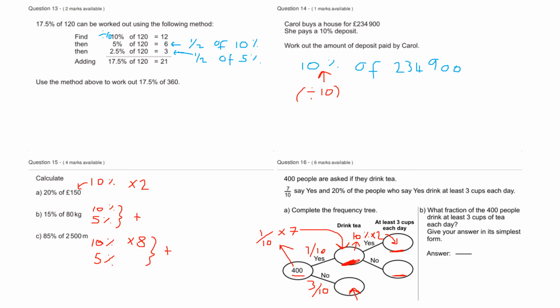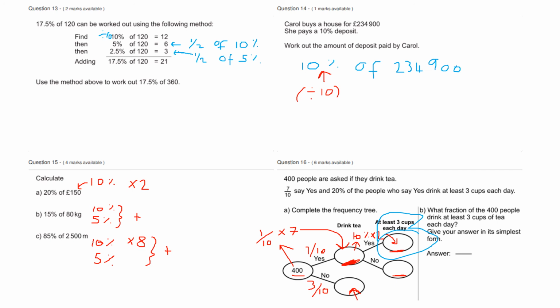For B, it says what fraction of the 400 people drink at least 3 cups of tea each day? So what it's actually asking you for is this one here, okay? Tells you this section here is the at least 3 cups of tea a day.